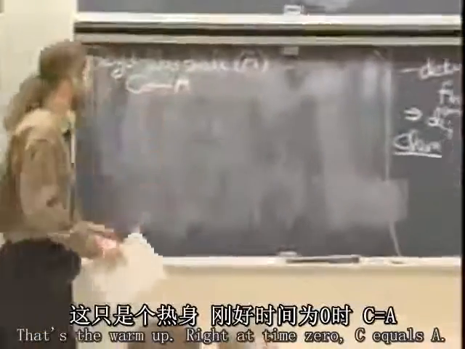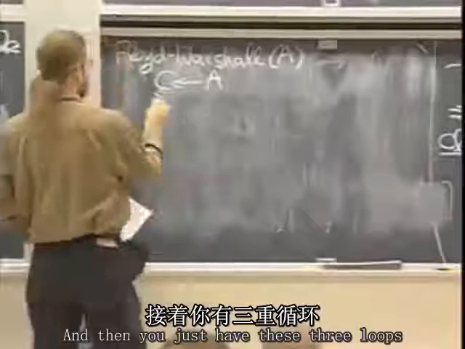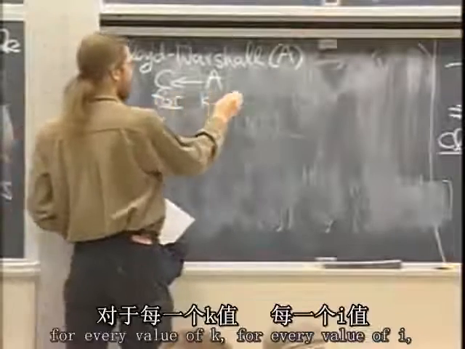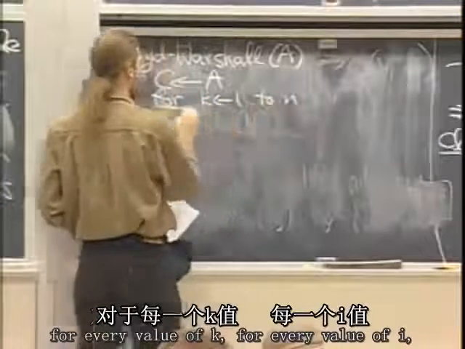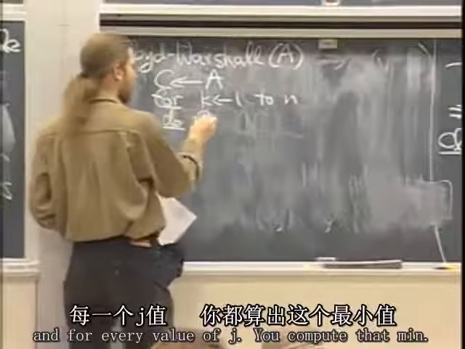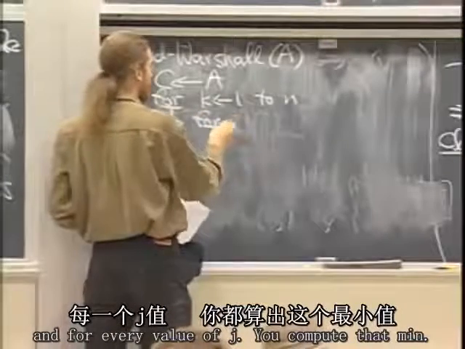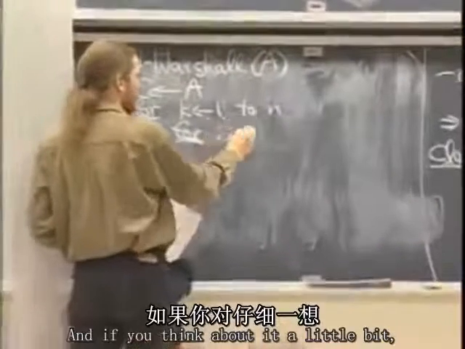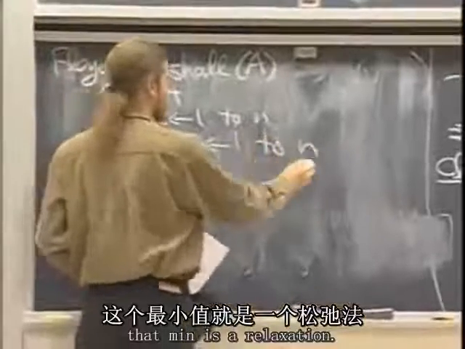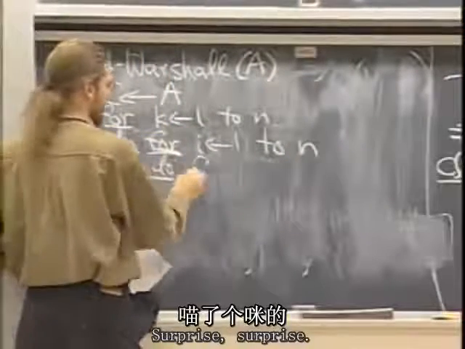At time 0, C equals A. And then you just have these three loops. For every value of k, for every value of i, and for every value of j, you compute that min. And if you think about it a little bit, that min is a relaxation. Surprise, surprise.